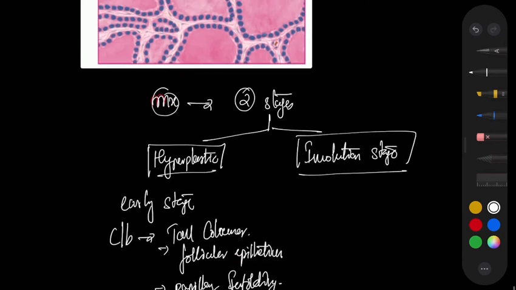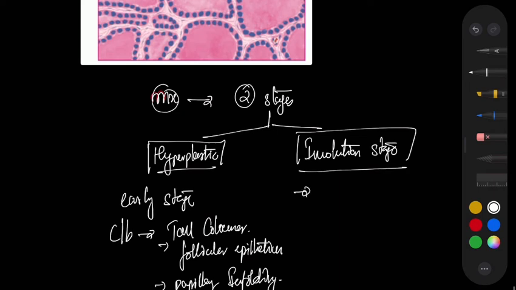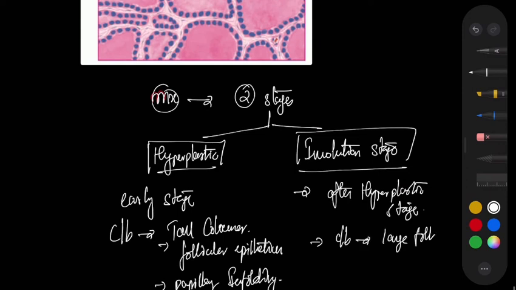Whereas the involution stage occurs after the hyperplastic stage, and this is characterized by large follicles, colloid, and flattened epithelium.